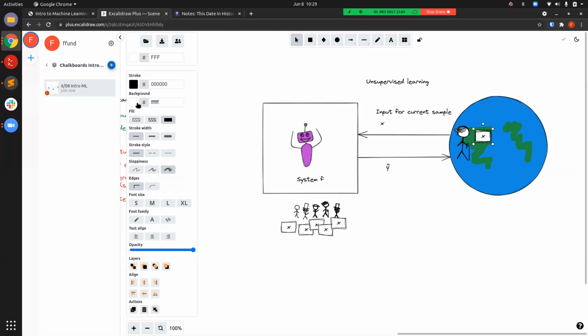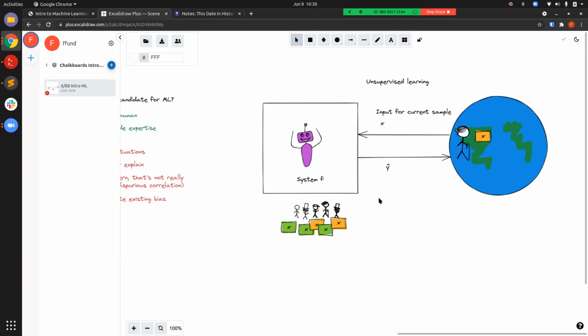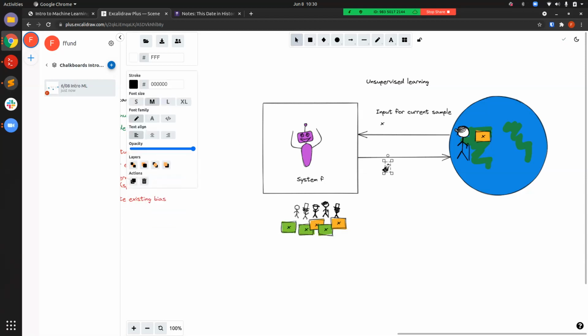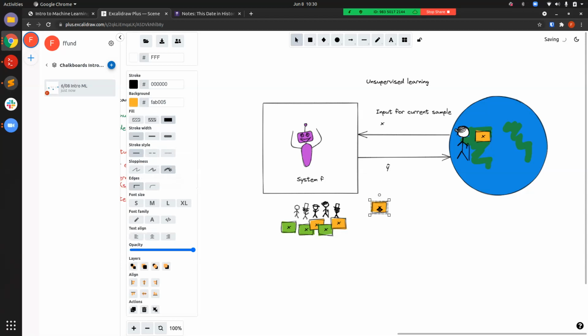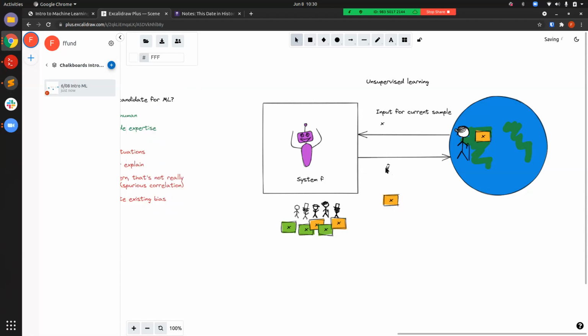So maybe the output of the system is, okay, these particular students belong to the orange group, and these particular students belong to the green group. That's the output. So the output is really just the color. Okay.